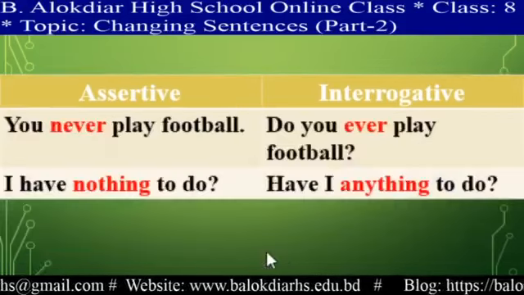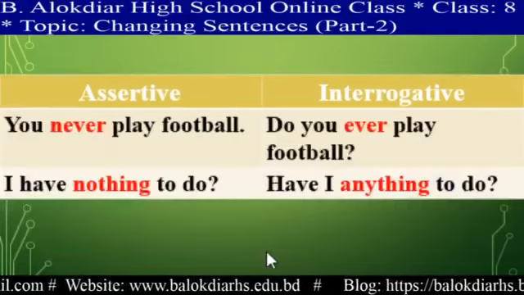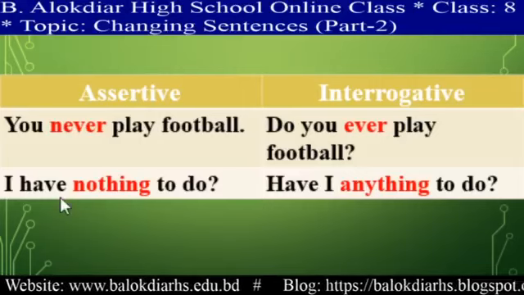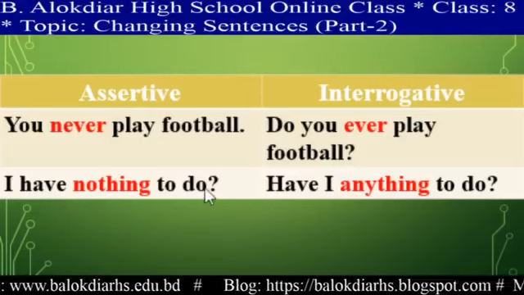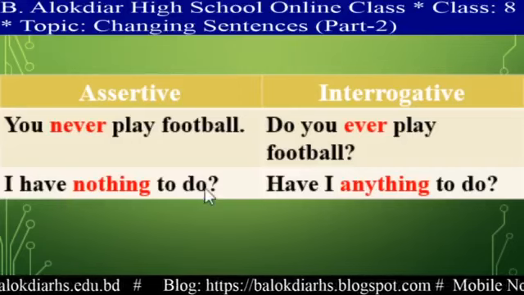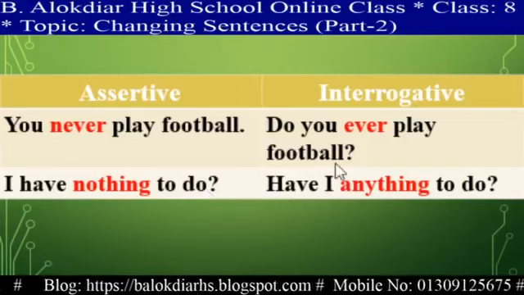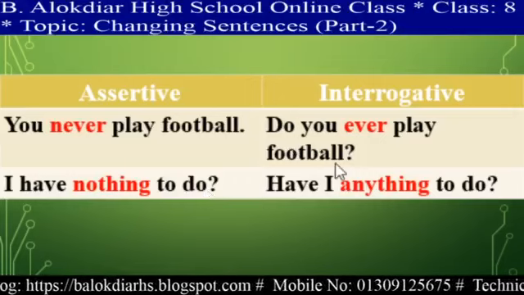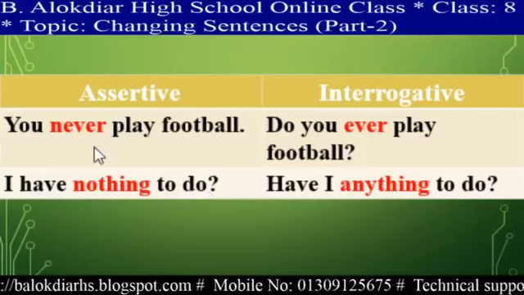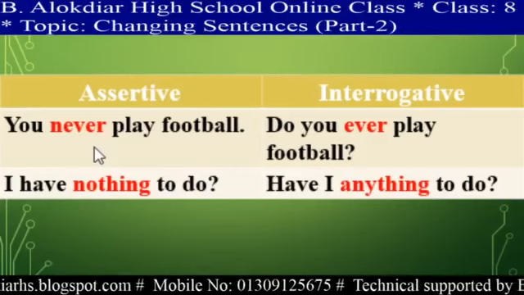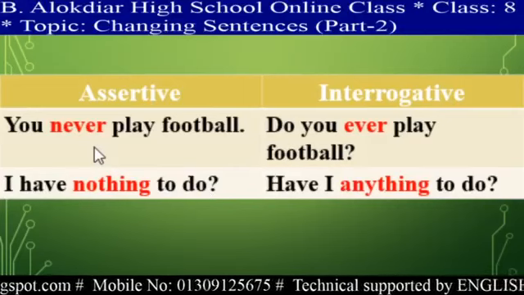You never play football. In example B, I have nothing to do. Here, dear learners, see, do you ever play football? Have I anything to do? Why? In the assertive sentence, in example A, never is used. In example B, nothing is used.